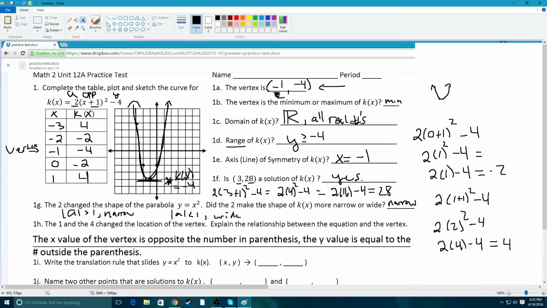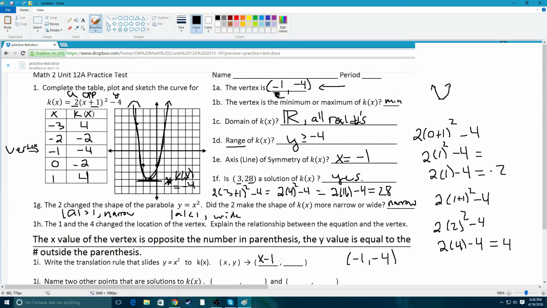Okay. So for the translation rule that's here at the bottom, all you've got to do is take your vertex. Our vertex is -1, -4. Okay. And it's saying we took our point and we shifted it to the left 1.